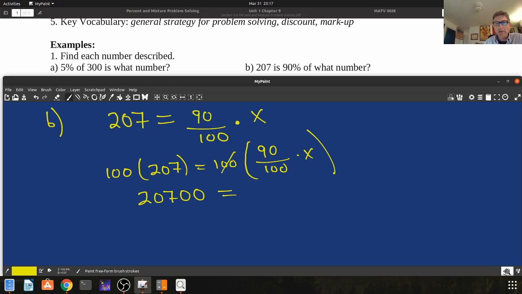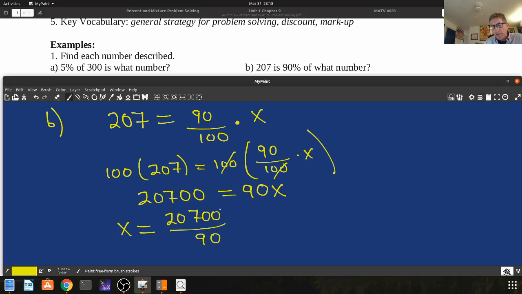And over here, these 100 cancel, so I just have 90x. And now I'm almost ready to solve, because all I have to do is divide 20,700 by 90. And that's going to be my value of x.